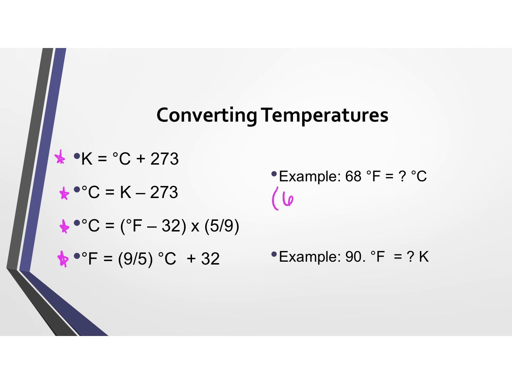So we're going to take our 68 degrees and subtract 32. And then you're going to multiply that by 5/9. Okay. So if you keep the parentheses and put it in your calculator with the parentheses, your calculator should do correct order of operations then.